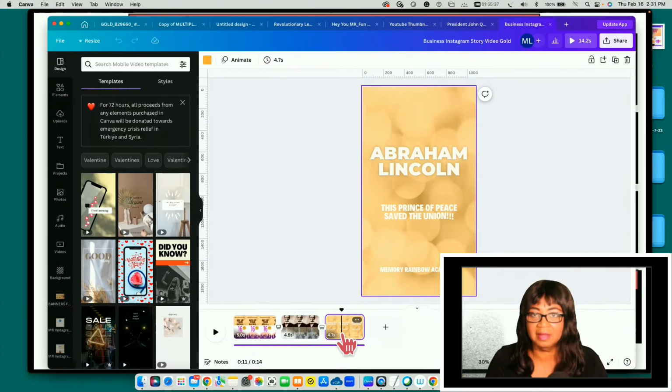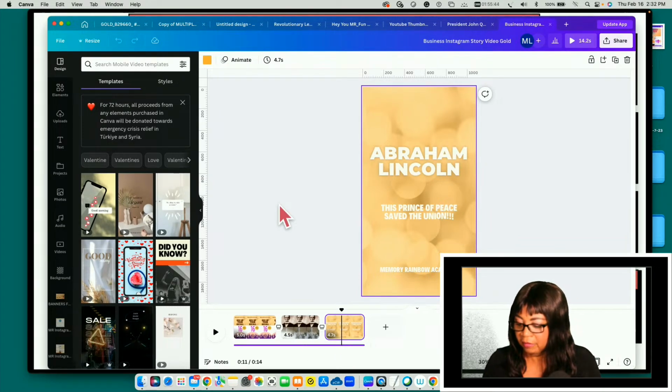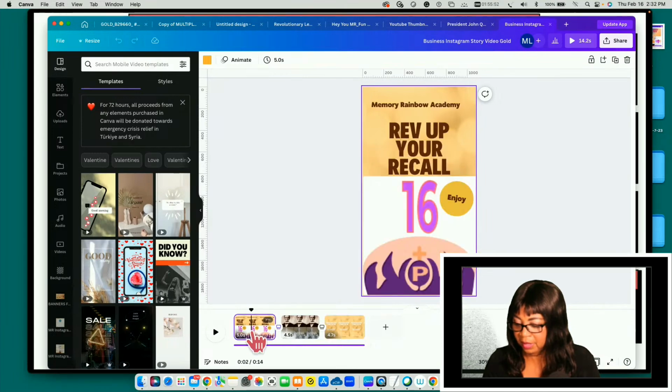Even though he was assassinated for doing so, he did give his life for peace. And so we recognize him for having saved the Union, so that today we have a democracy and have a country. So Abraham Lincoln, 16, the Prince of Peace.